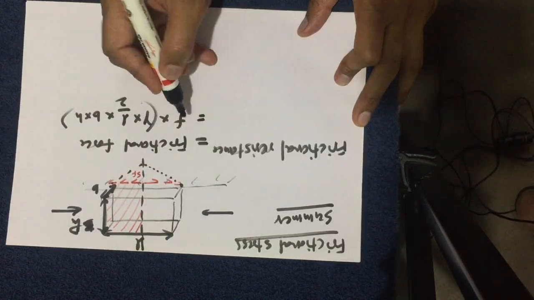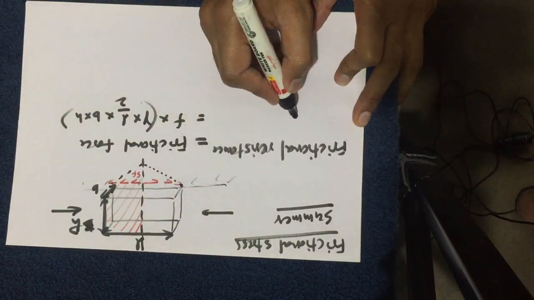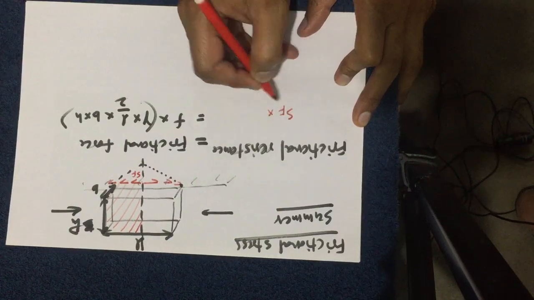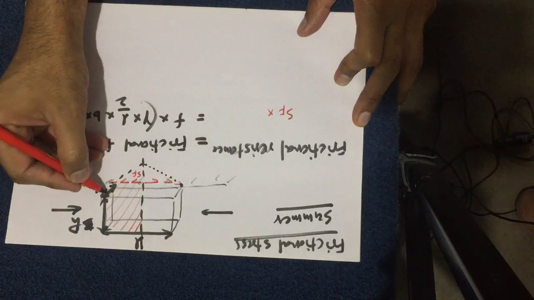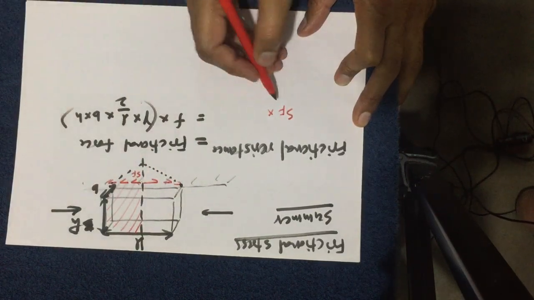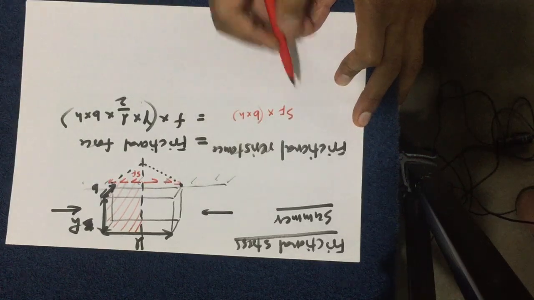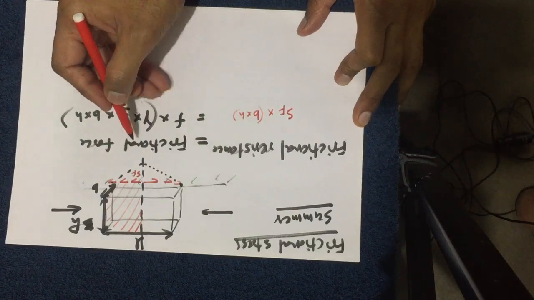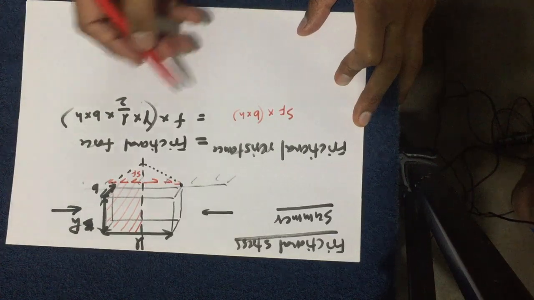Unit weight into volume, weight into coefficient of friction is the frictional force. This force has to be balanced by the frictional stress developed, SF, in the cross section, and in the cross section the value is B into H. So frictional resistance has to be balanced by frictional force in evaluating the frictional stresses developed within the pavement concrete slab during the summer season.